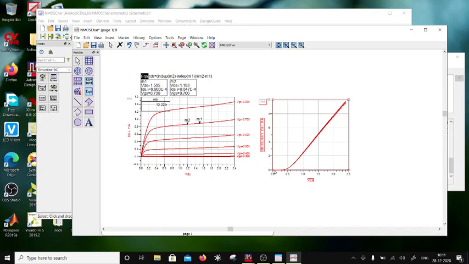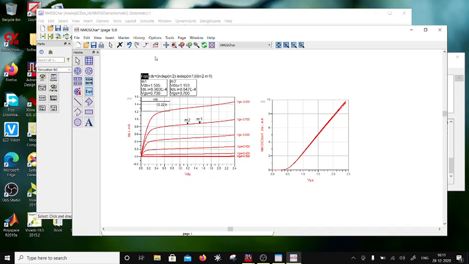So here there is a sub-threshold current, and then you are going to have weak inversion, strong inversion, and in strong inversion you will also see that this bends down. The reason for that is mobility degradation. We will come to short channel effects later on, but for now this is the transfer characteristics.